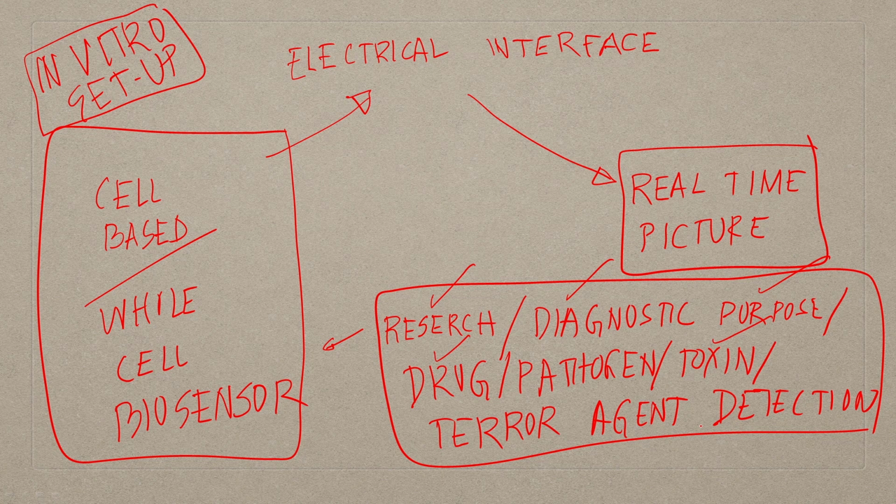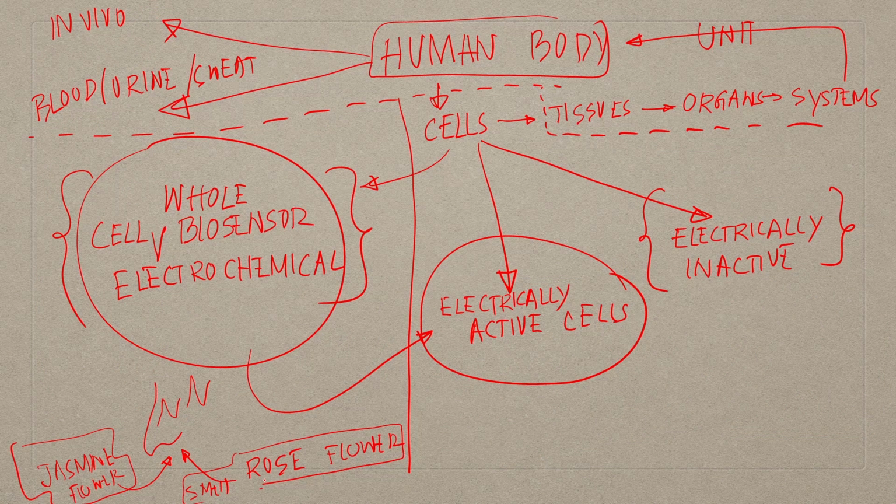So, we will close the class here, and in the next class we will start from how to distinguish the smells, signals, and what kind of signals these are, and what kind of tools we need to understand them.